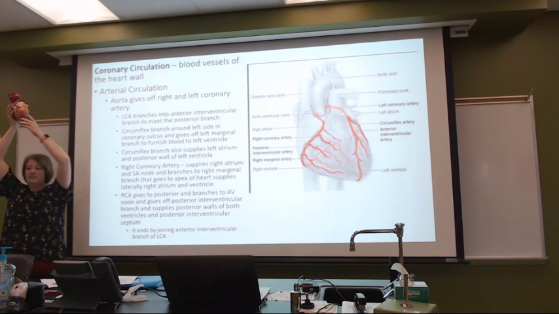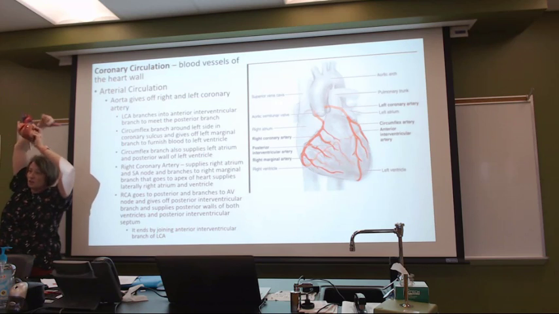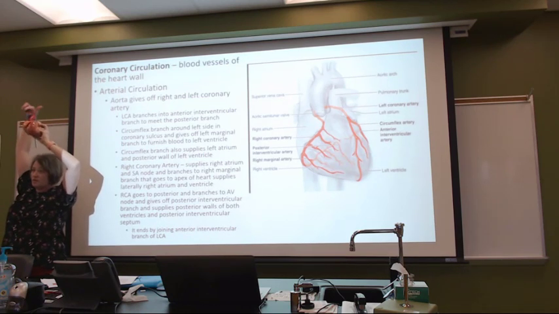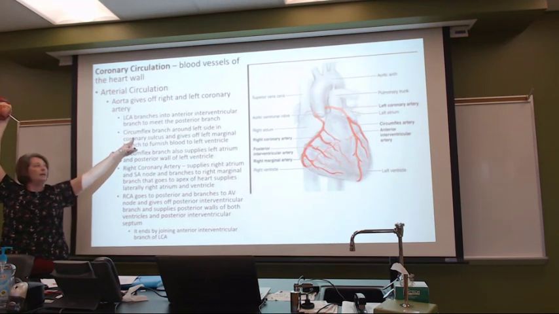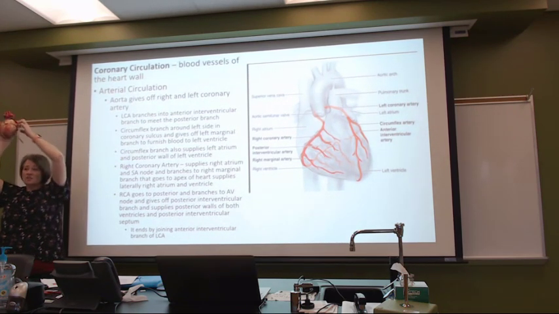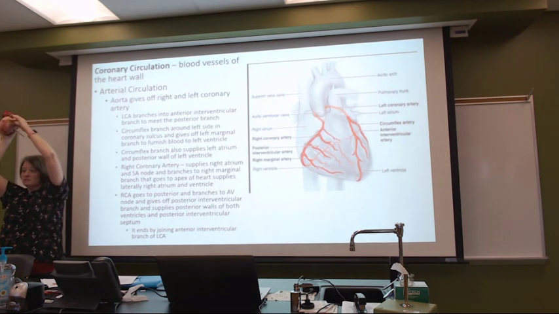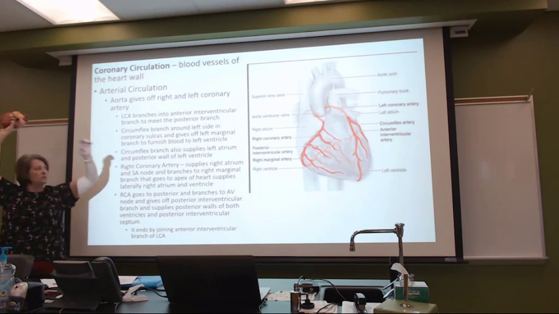Then I have a circumflex going around, all right, artery that's going around front and back like a circle, because circumflex means a circle, okay? Goes around the left side in this coronary sulcus, because we mentioned the coronary sulcus going all the way around.